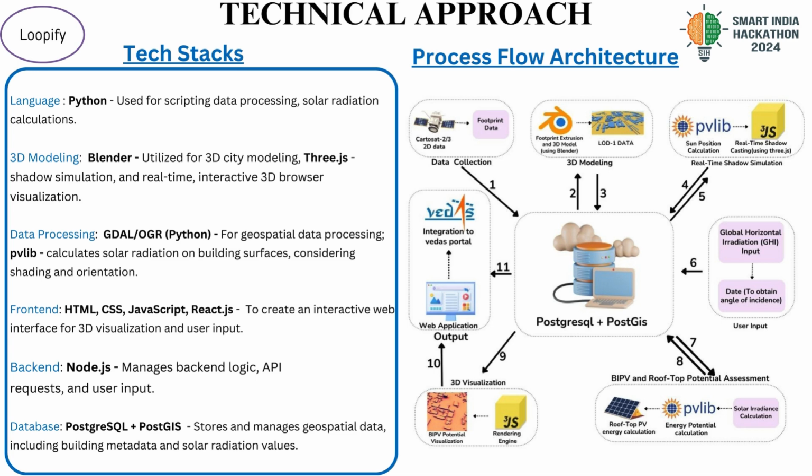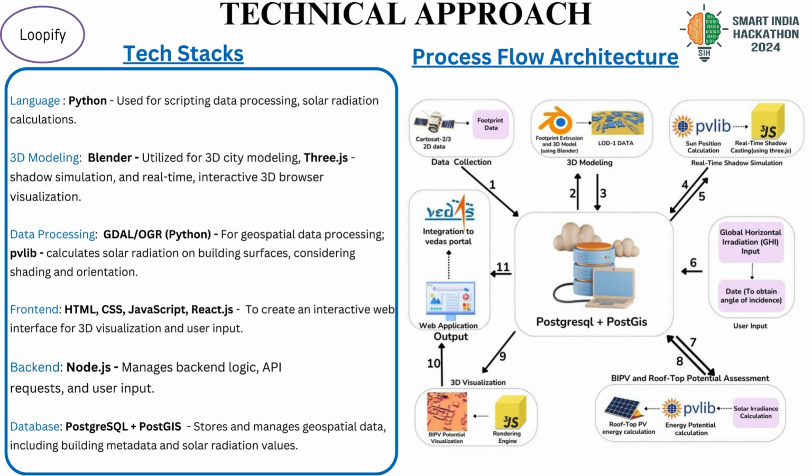Now let's discuss the process flow architecture of the solution. Firstly, we begin by retrieving data from the Cartosat 2 satellite. This satellite data is then processed using Python libraries, GDAL and OGR for geospatial data analytics. These libraries help convert the satellite data into a suitable format, enabling us to build a LOD1 3D city model.